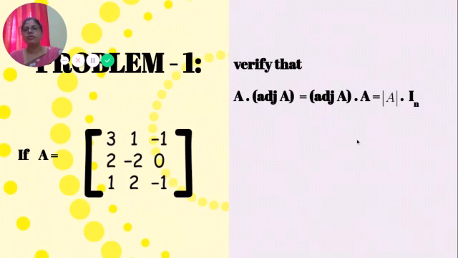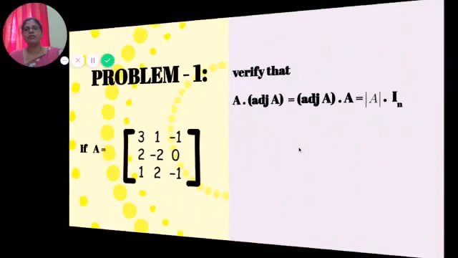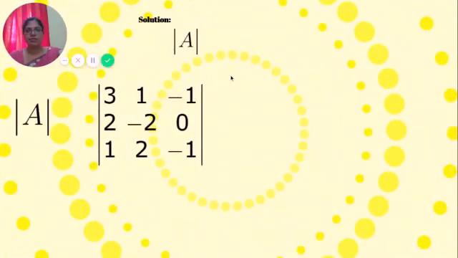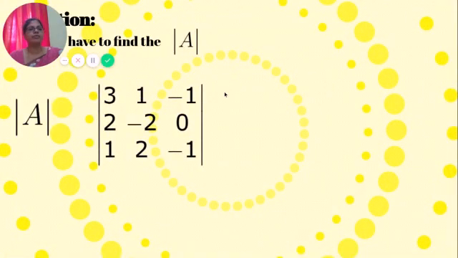In this sum, we are going to calculate the last part and take it as equation 1, that is modulus of A into I n. To find that, first I have to find the modulus of A. Modulus of A is equal to the determinant of 3, 1, minus 1; 2, minus 2, 0; 1, 2, minus 1.